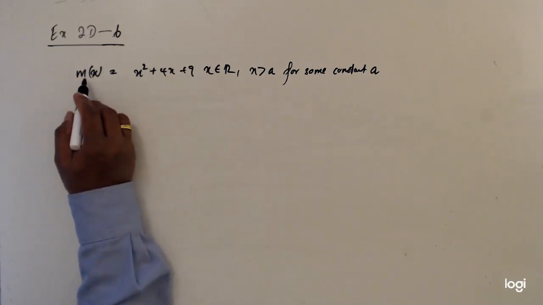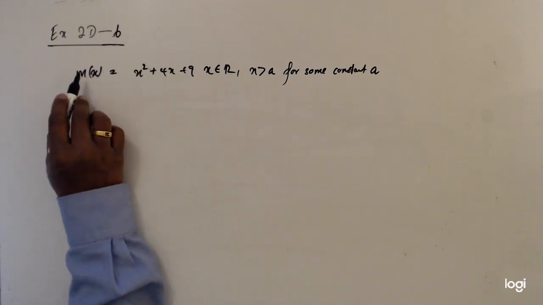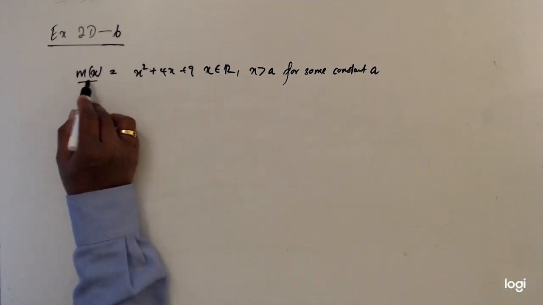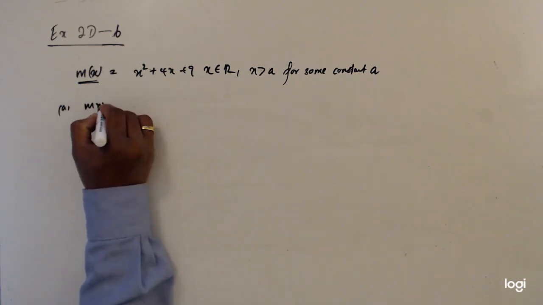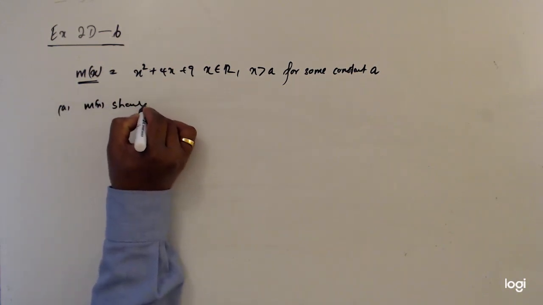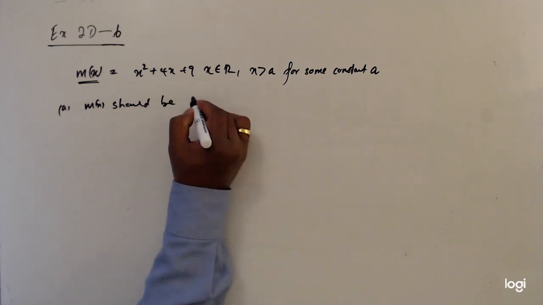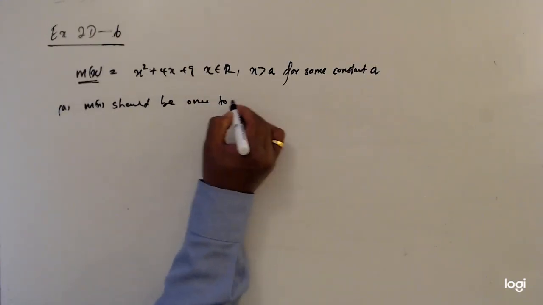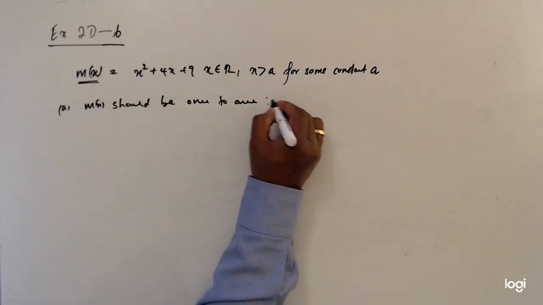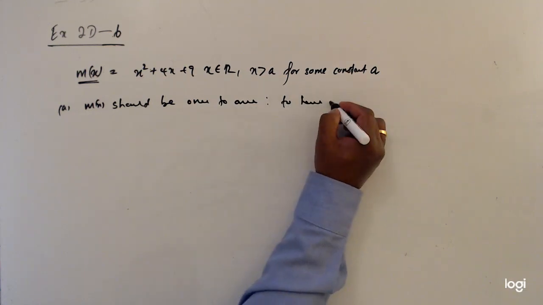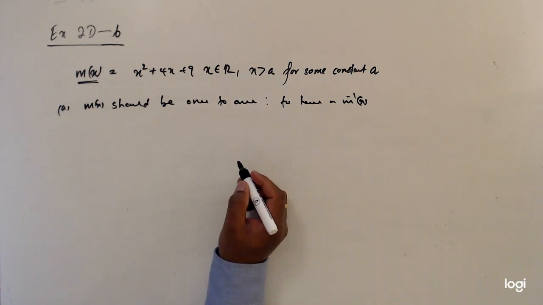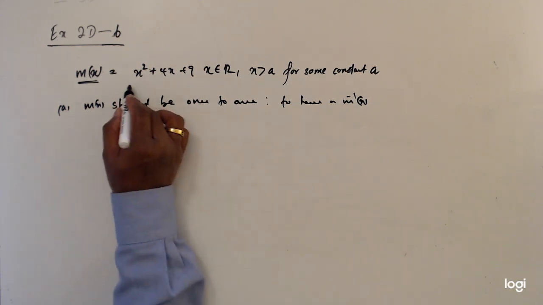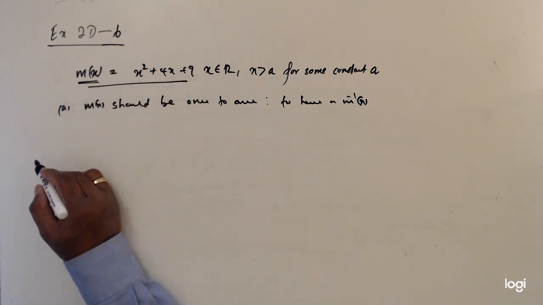So for M inverse X to exist, Mx should be 1 to 1 to have M inverse X. Now this is a many to 1 function.